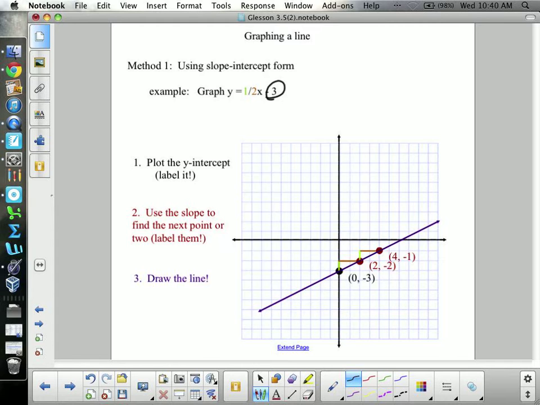I had several people on the last quiz, when I asked you to calculate the slope, give me coordinates instead of a slope. Slope is a ratio. Coordinates are in parentheses with a comma between. They are not the same thing. They just aren't. And once I get enough points drawn, usually at least 3 points, I label their coordinates, and then I connect the dots to draw the line, including arrows on the ends to indicate it's a line.